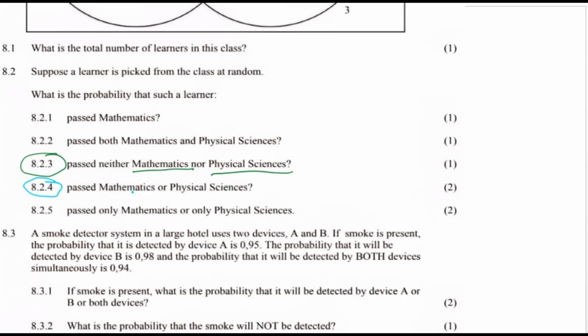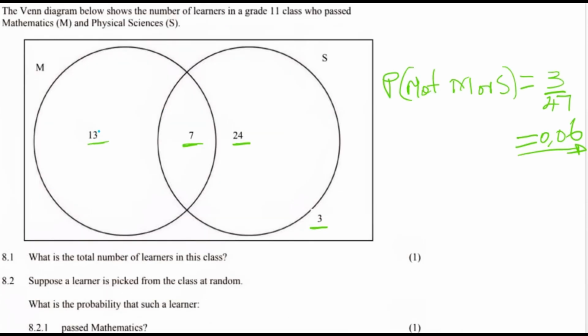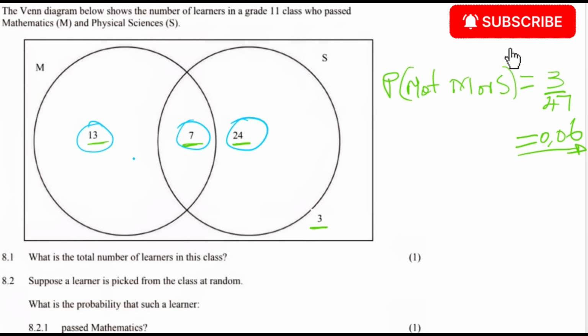8.2.4. What is the probability that such a learner passed mathematics or physical sciences? Now the word or means everything in mathematics and physical sciences. So we're looking at all of these learners that have passed mathematics or physical sciences.